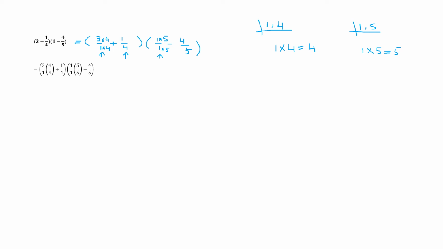Now the new denominator for the first two terms of the factor is the same, so we write 4 and 12 plus 1, and here 5 minus 4, same denominator, so we write 1, and it will come to 13 by 4.